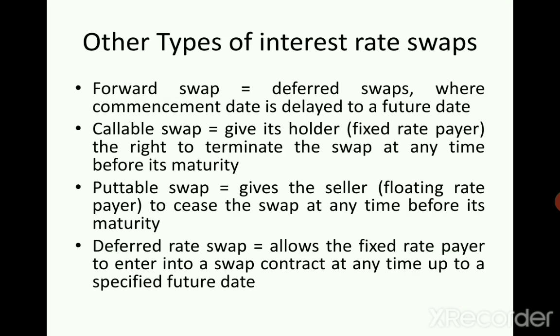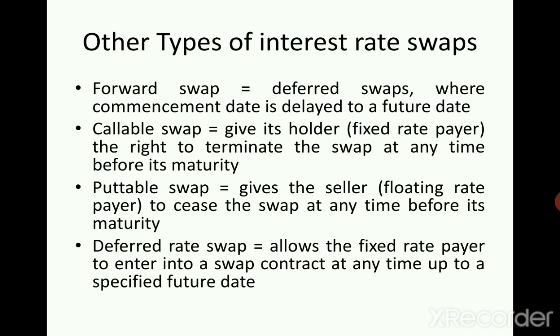So now coming to other types of swaps. Now I can say these are the different types of interest rate swaps. Interest rate swaps can be further classified into forward swaps. They are also called deferred swaps.